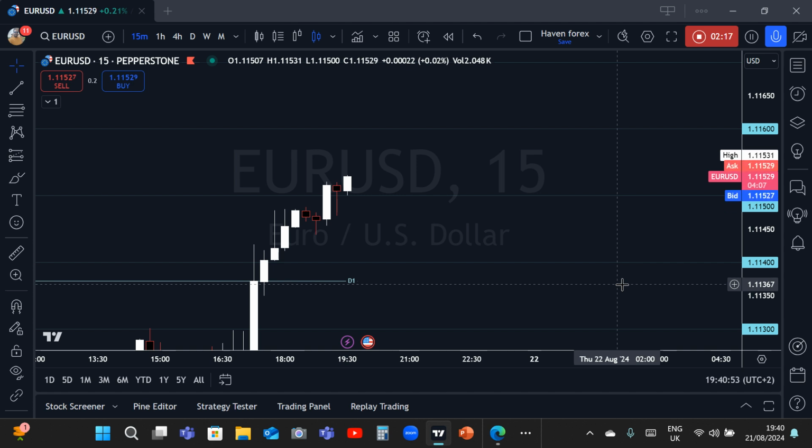Relative strength index is a momentum oscillator used in forex trading to measure the speed and change of price movement. So what RSI does is that it measures the speed and change of price movement.